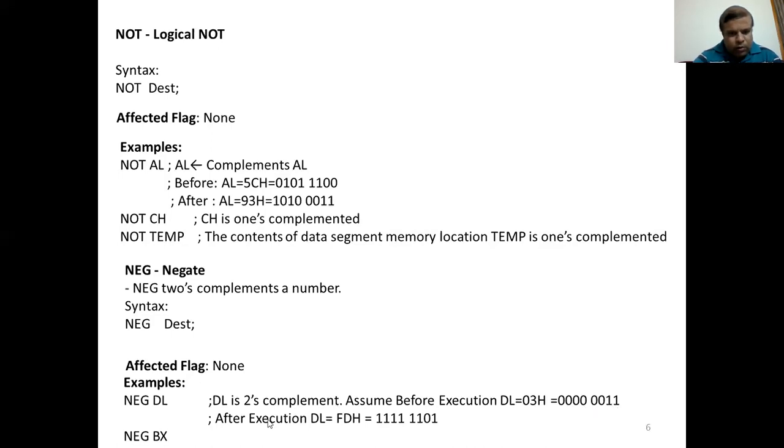After the execution of NEG DL, DL contains FDH, which is the 2's complement of 03H. And then some more examples: NEG BX. A word stored in the BX register is 2's complemented, and the result is stored in the BX register.